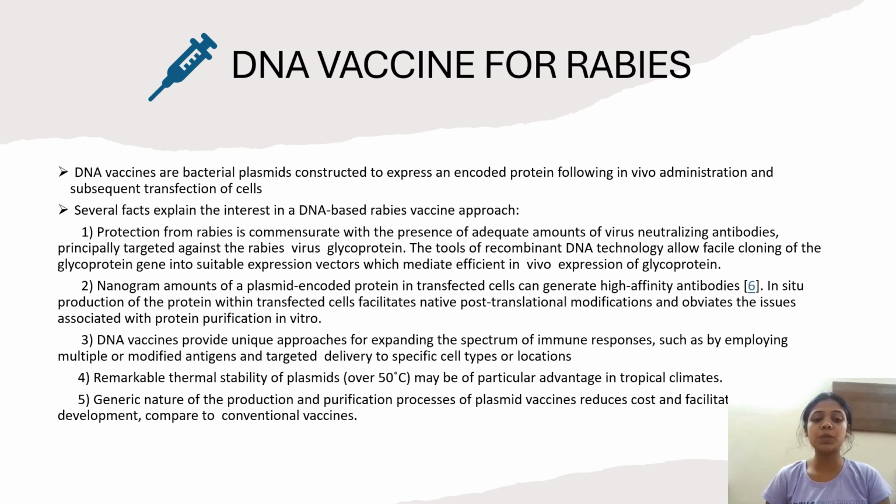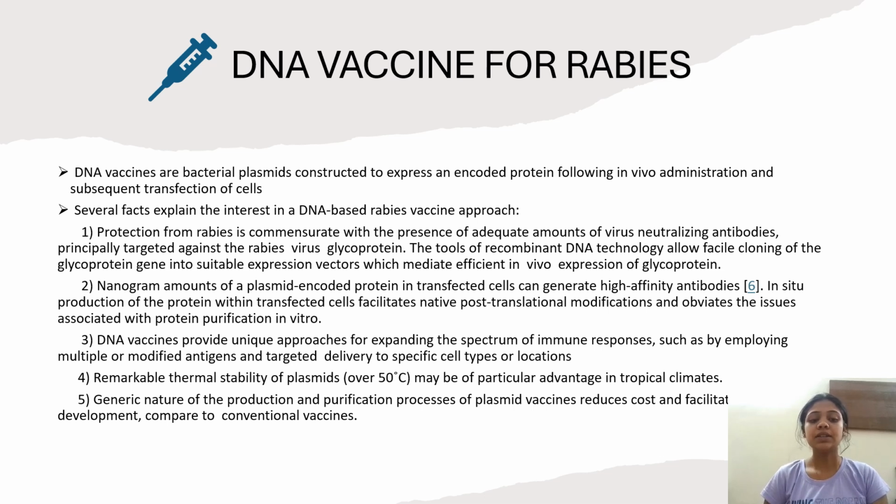The production of the protein within transfected cells facilitates native post-translational modifications and obviates issues associated with protein purification in vitro. DNA vaccines provide unique approaches for expanding the spectrum of immune responses, such as by employing multiple or modified antigens and targeted delivery to specific cell types or locations.